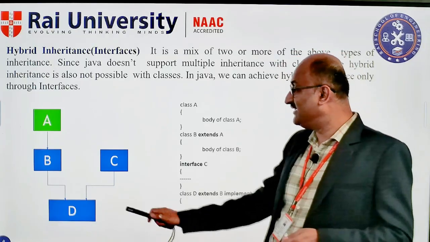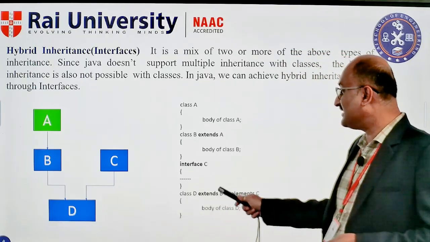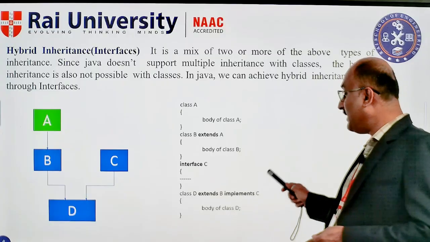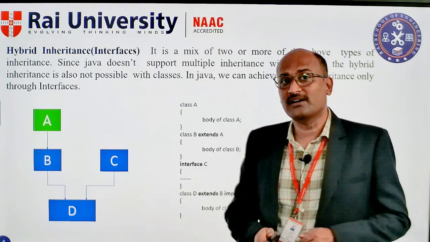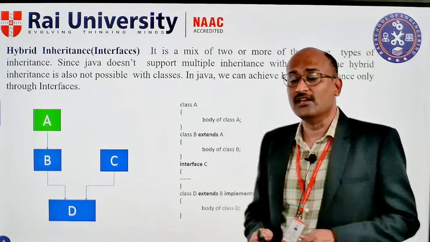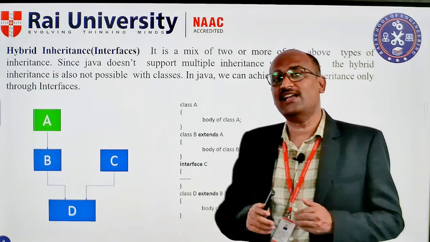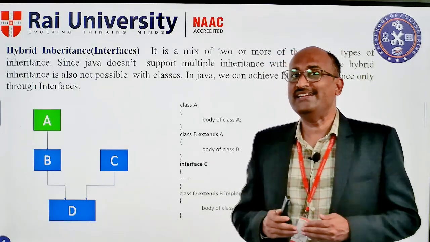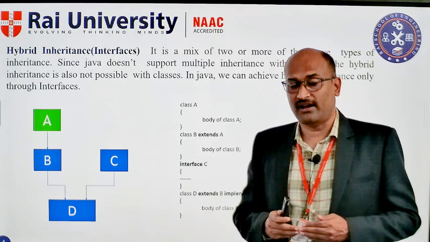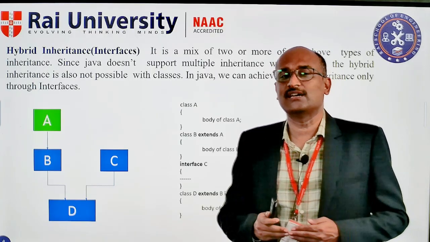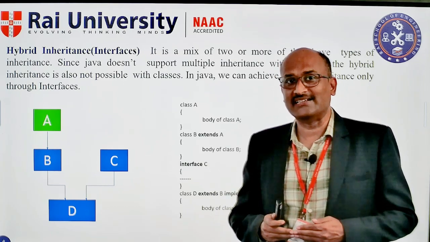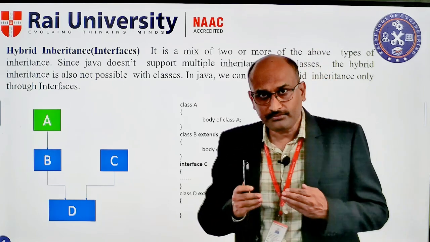So in final class D, I am going to use class D extends B implements C, and then you can put down the body part of class D. Okay, so in this way you can implement multiple inheritance in Java, and it is a very useful technique to indirectly support multiple inheritance in Java.